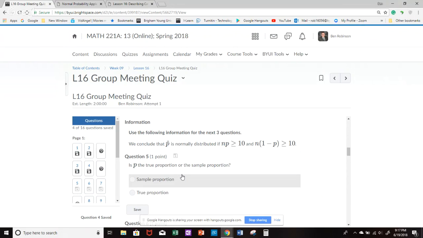The next one says, we conclude that p hat is normally distributed if n times p is greater than something, and n times 1 minus p is greater than something. Question 5. Is p the true proportion or the sample proportion?